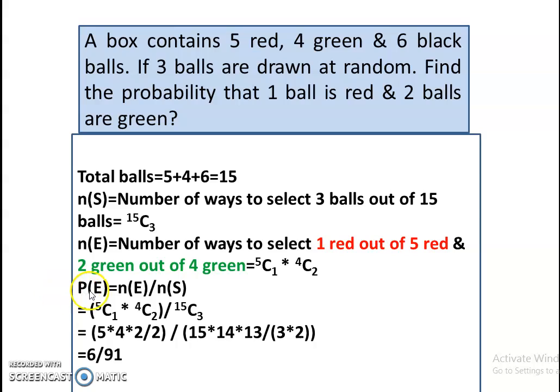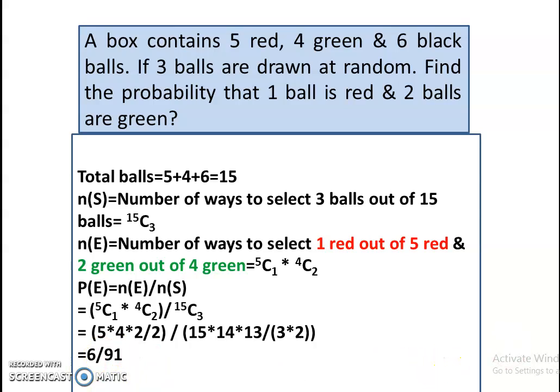Now probability of getting 1 red and 2 balls green will be outcomes in favor of event upon number of sample space, and answer will be 5C1 into 4C2, because these values will give number of ways to select 1 red and 2 green balls, right? Upon 15C3, this is the value of total outcomes. Now after calculating these values, answer will be 6 upon 91. So probability of getting 1 ball red and 2 green is 6 upon 91.